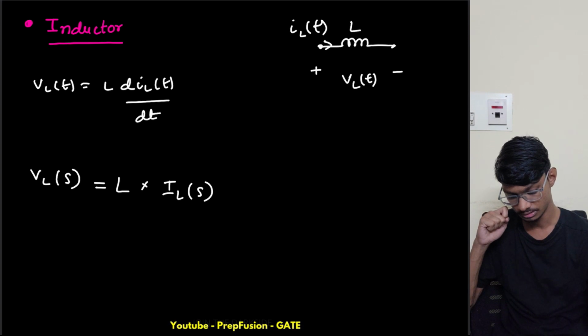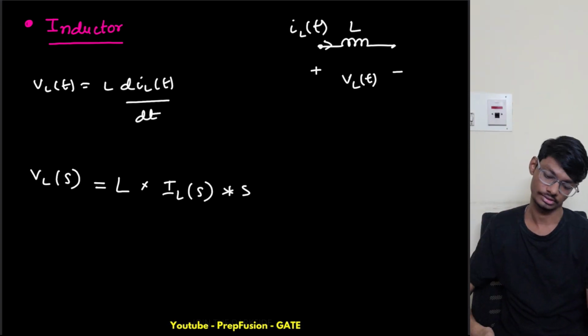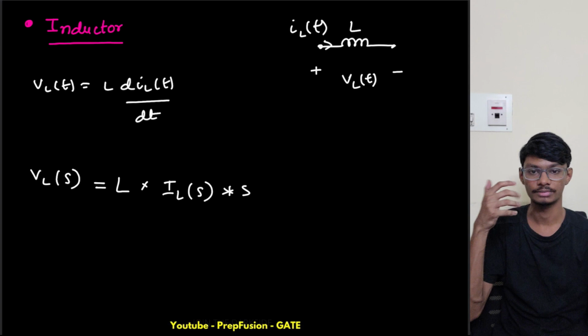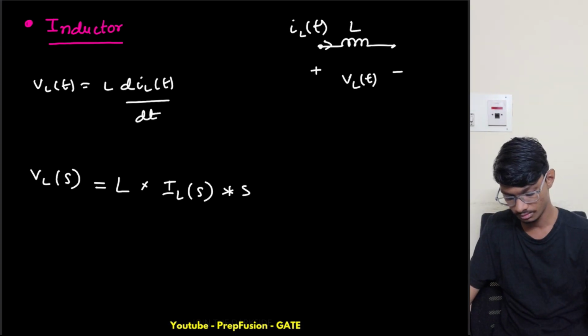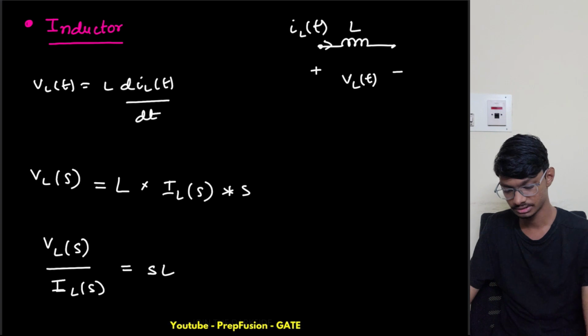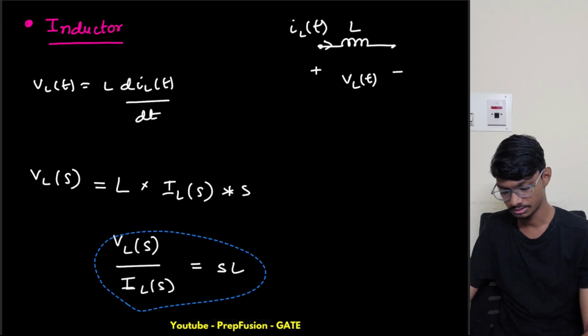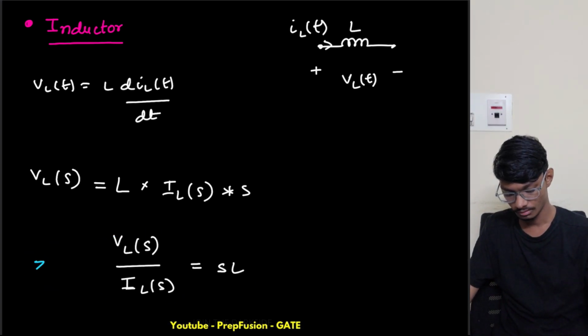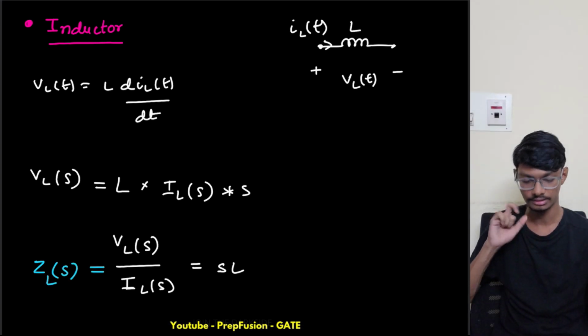So VL of S by IL of S equals SL. This is the impedance for an inductive circuit, right?